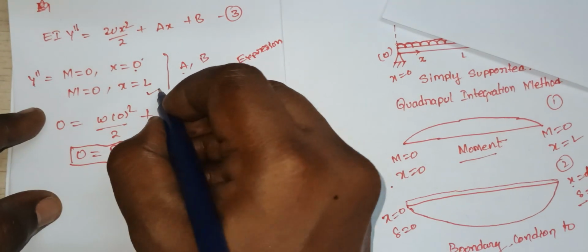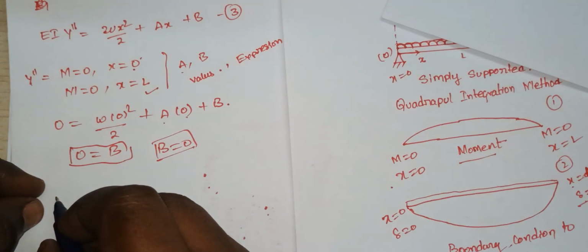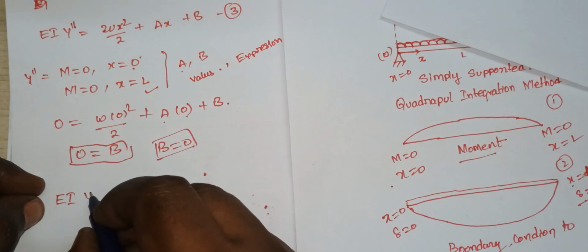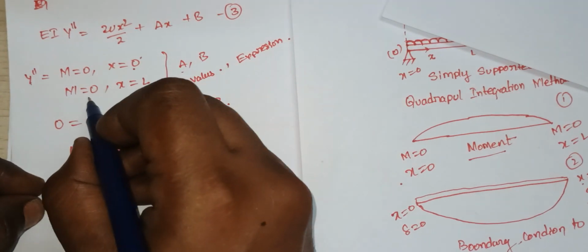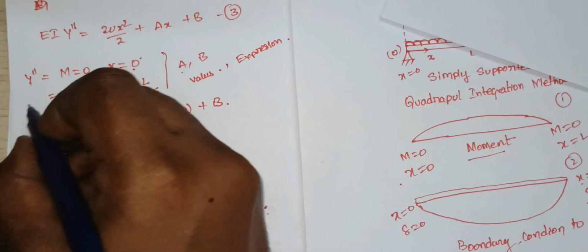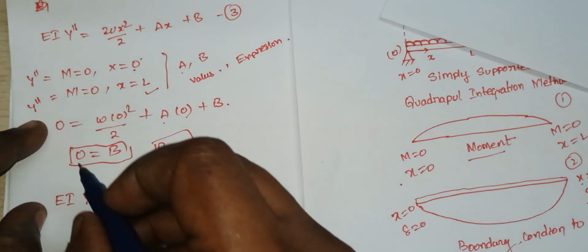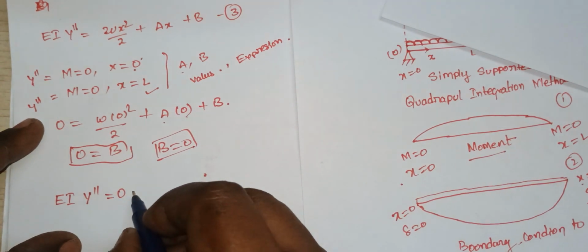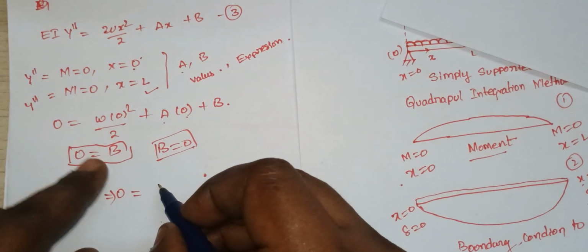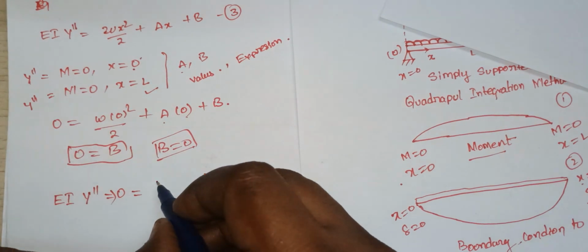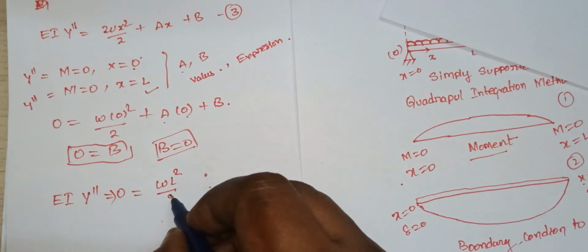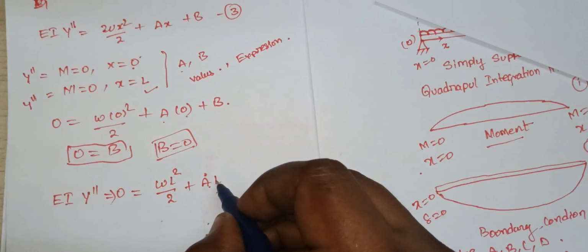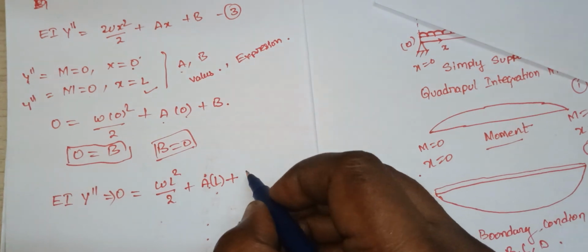Let's apply the second boundary condition over here. That is E into I into y double dash. See, moment is also equal to y double dash, which is 0 at x is equal to L. So w into L square by 2 plus a into L plus b.